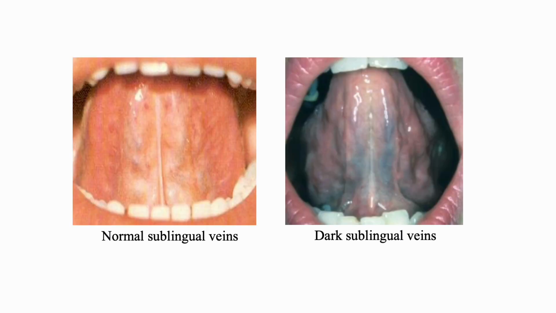The sublingual veins should always form part of a routine examination of the tongue body. Under normal conditions, the two veins under the tongue are barely visible, and they have a very faint, pale red color. When they become clearly visible, they are by definition pathological. One should observe the size and the color of the sublingual veins.